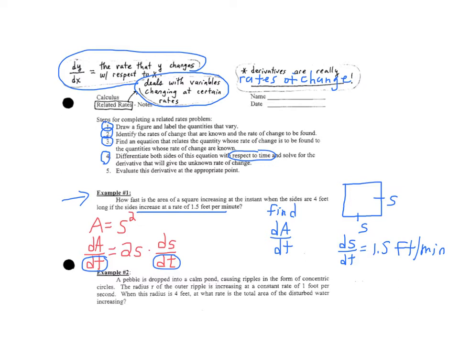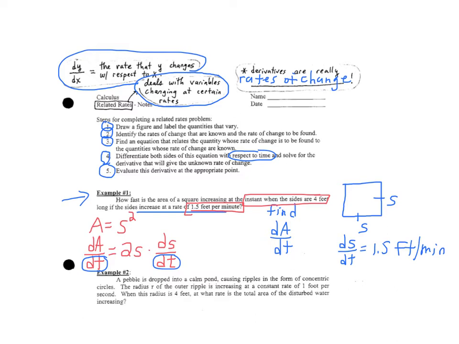We've differentiated both sides, and now the last step is to evaluate at the appropriate point. The appropriate point is the instant when the sides are 4 feet. Again, the sides are increasing at a rate of 1.5 feet per minute. So every minute that goes by, the sides of this square are growing by 1.5 feet.